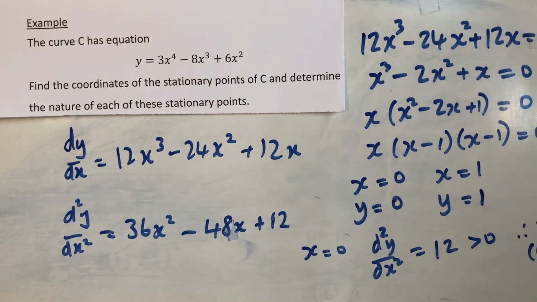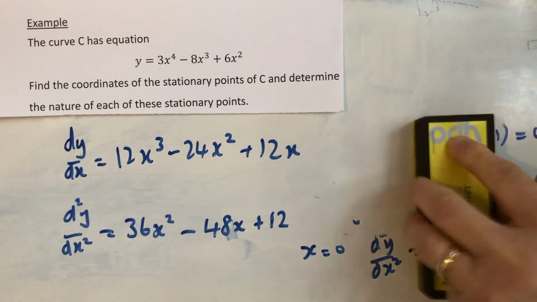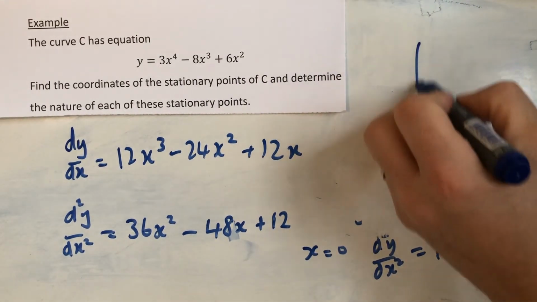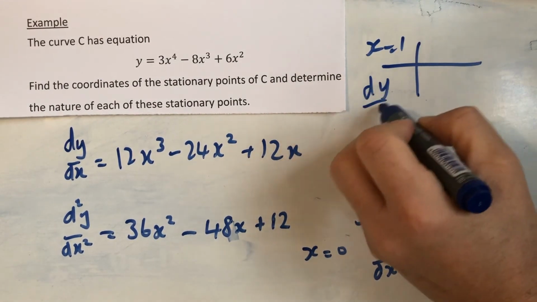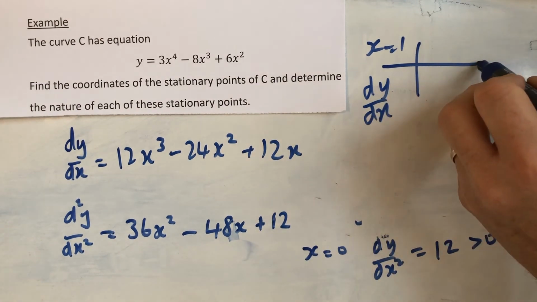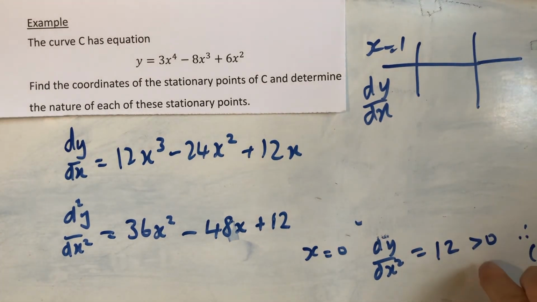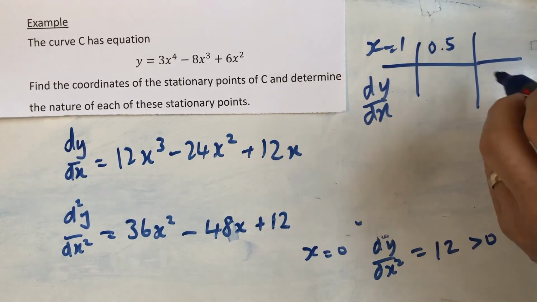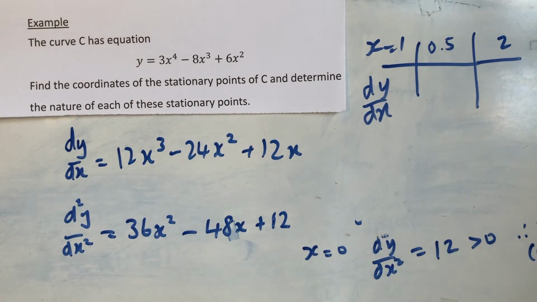So what I would do instead is look at the change of gradient. We know that when x equals 1 the gradient is 0. So I look at a value just before 1. I can't look at 0 because 0 was one of the stationary points, so I'd look at 0.5, and a number bigger than 1, so 2 for example.